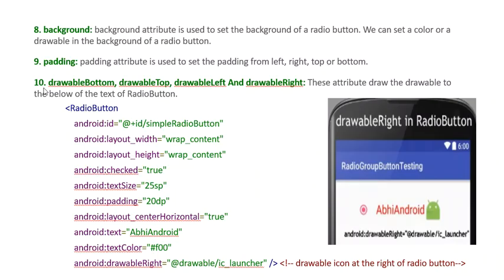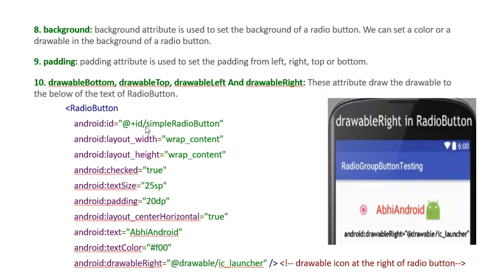And the tenth attribute is drawableBottom, drawableTop, drawableLeft, and drawableRight, and these attributes draw the drawable below the text in the radio buttons. Check the example as the radio button.